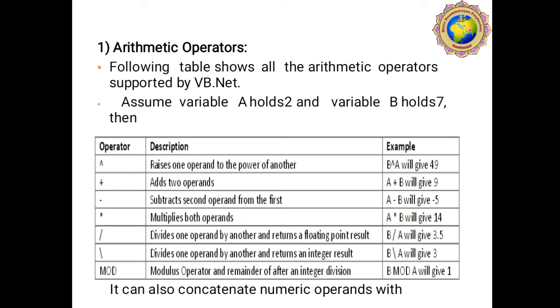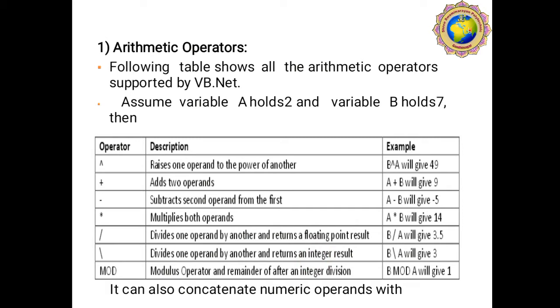Then division divides one operand by another and returns a floating point result. Using B divided by A, we get the answer 3.5, which means it returns a floating point result. Then the other division divides one operand by another and returns an integer result.